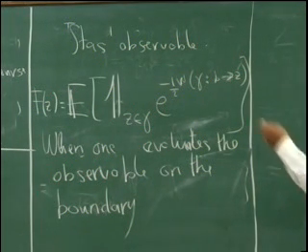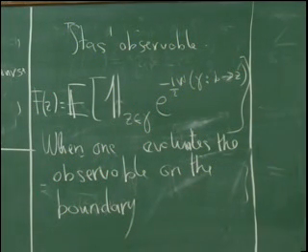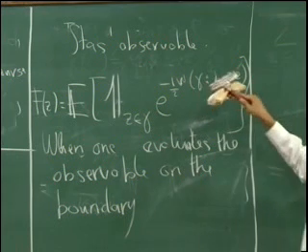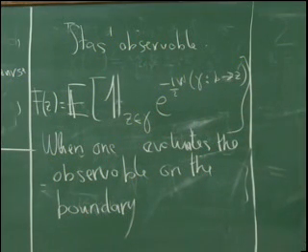The interface, gamma, has its complex phase, e to the minus i over 2 times this winding number, fixed on the boundary.